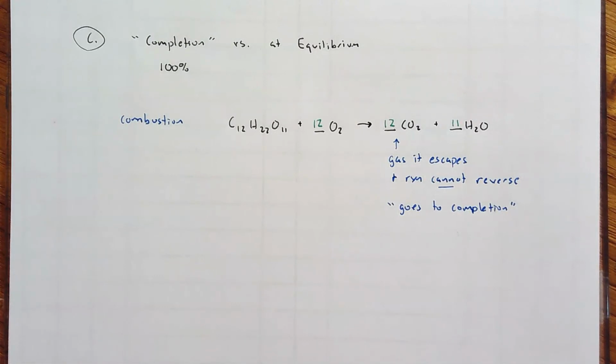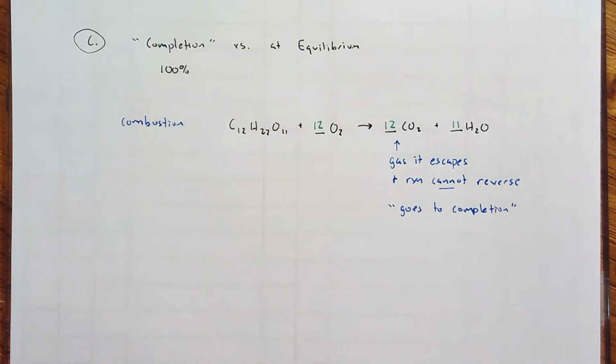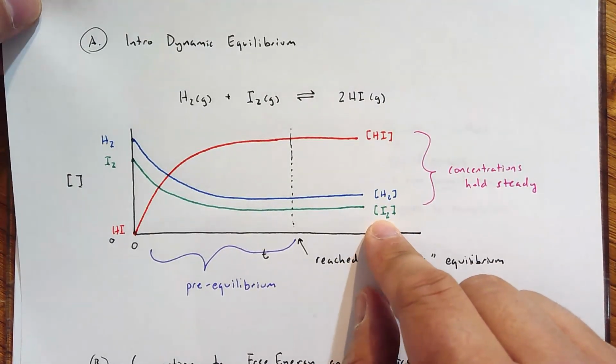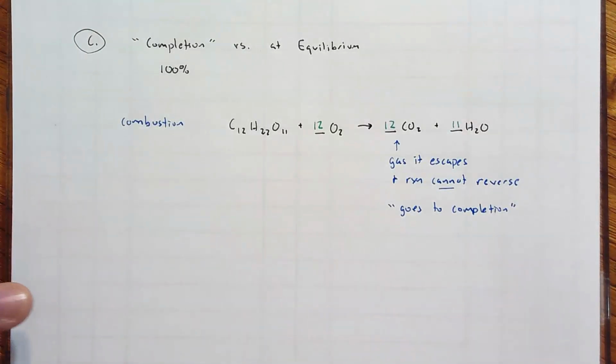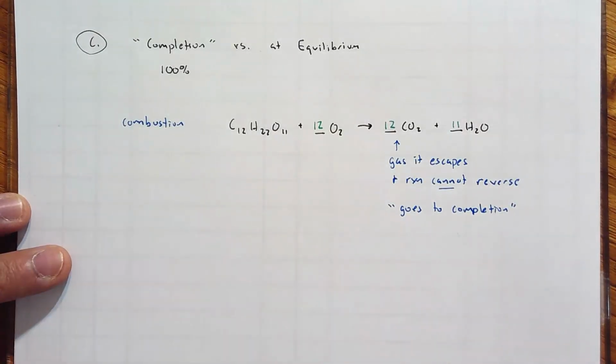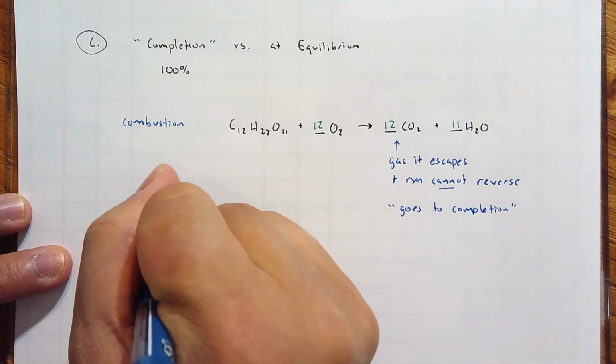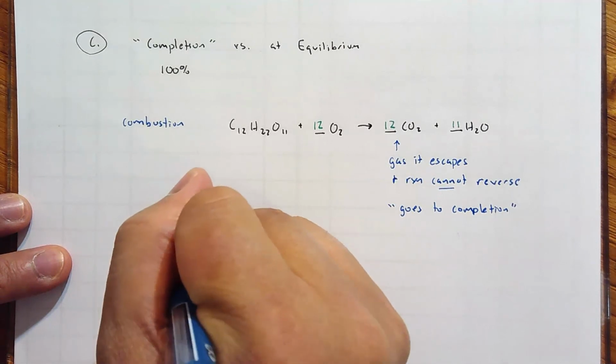Okay, in the next video, I'm going to discuss what to do with these concentrations to get what's called an equilibrium constant. So again, let me just write this example. This is an example where you reach equilibrium.